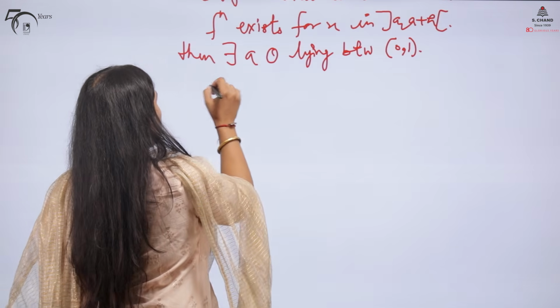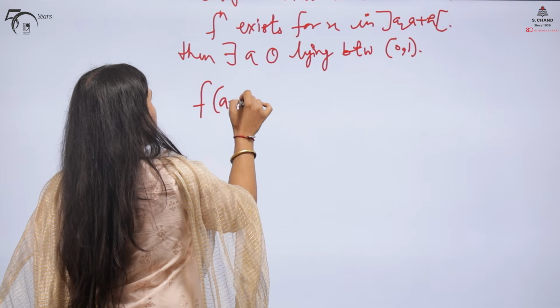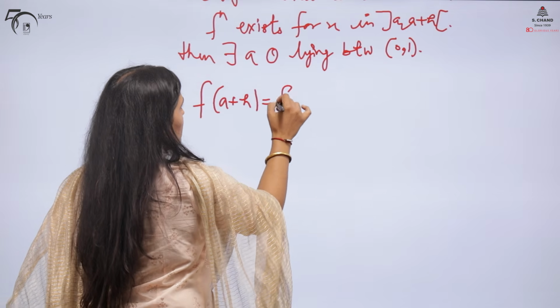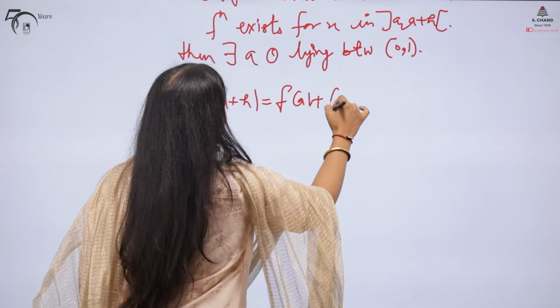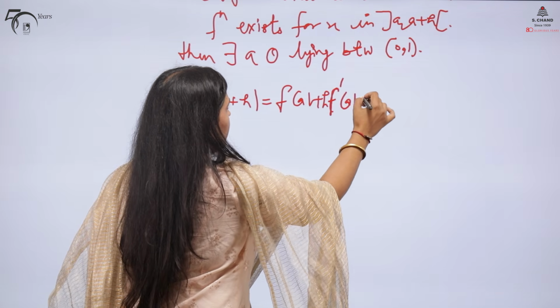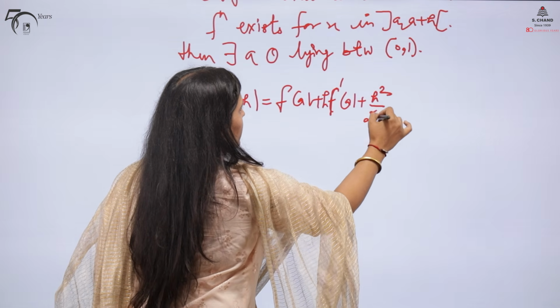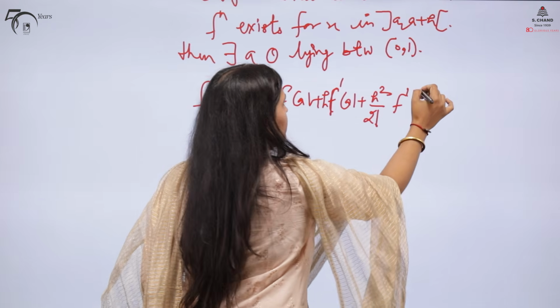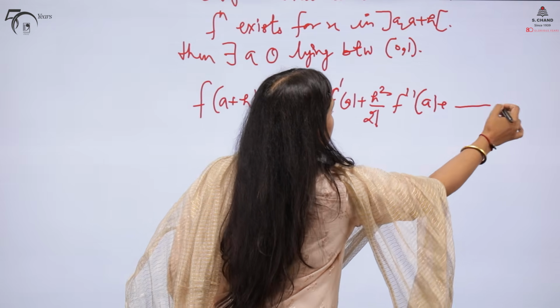If this is so, the form will be f of a plus h equals f(a) plus h f'(a) plus h squared by 2 factorial f''(a) and so on.